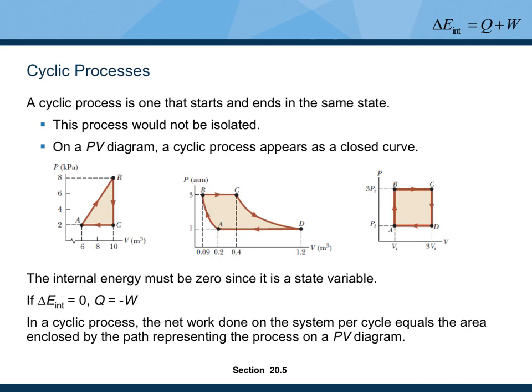Therefore, in a cyclic process, the change in the internal energy is 0. Then according to the first law of thermodynamics, Q is equal to negative W. In a cyclic process, the net work done on the system per cycle equals the area enclosed by the path representing the process on a PV diagram.